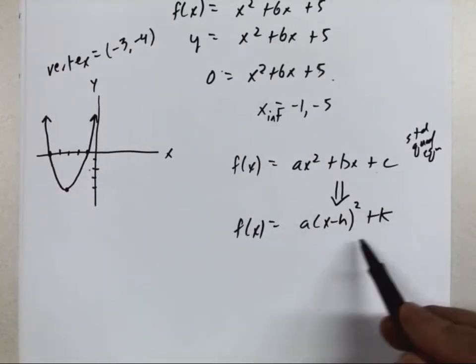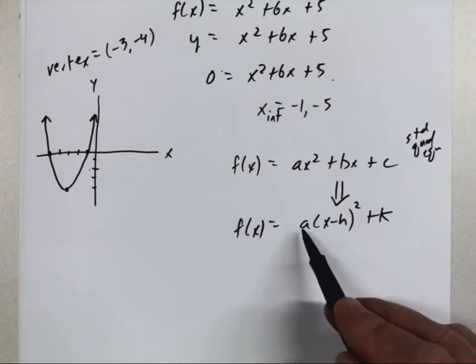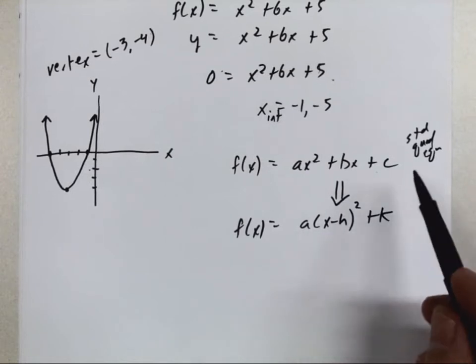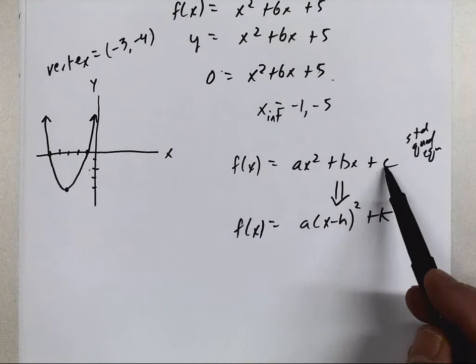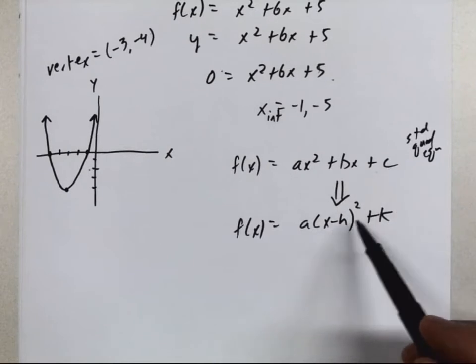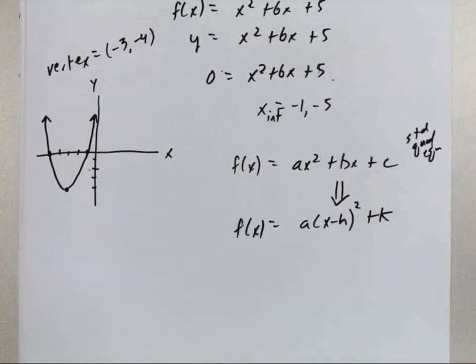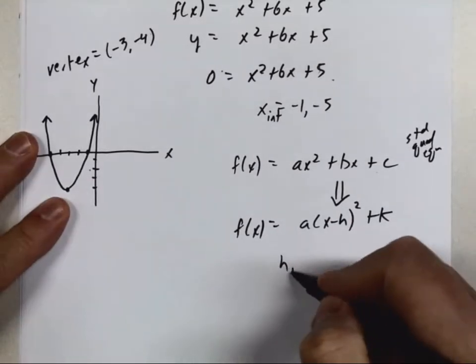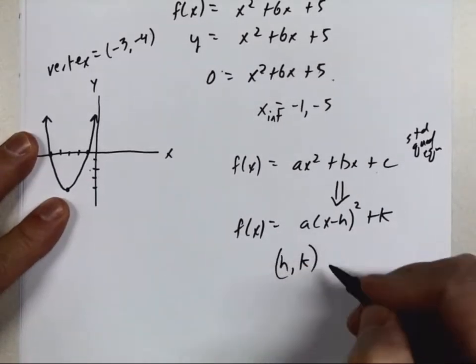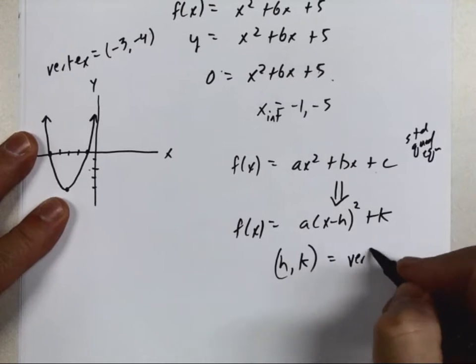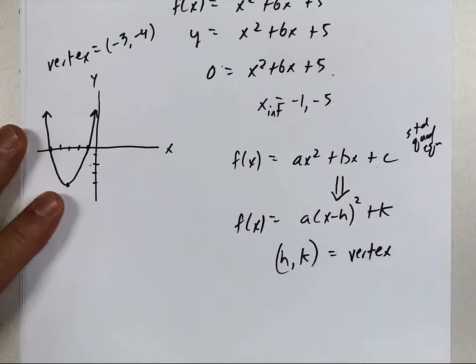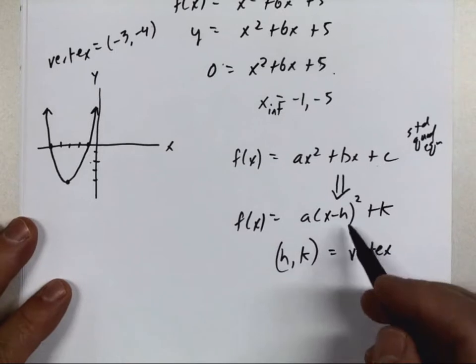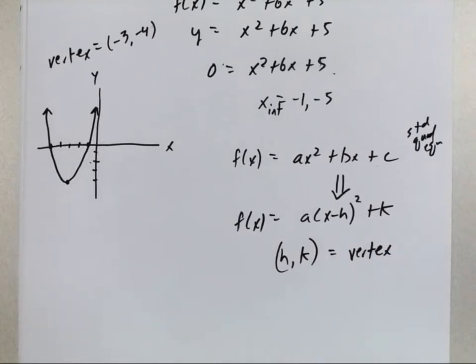If we want to figure out whether this parabola opens up or down, I can still look at the sign of a. But there's no more b or c, and instead they have a couple of new variables called h and k. Well, as it turns out, when an equation is written like this, h and k end up being the vertex.